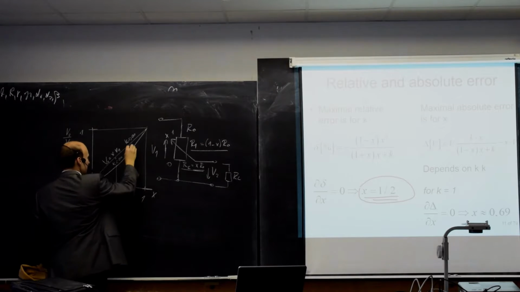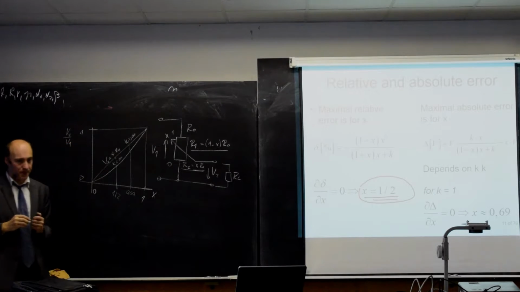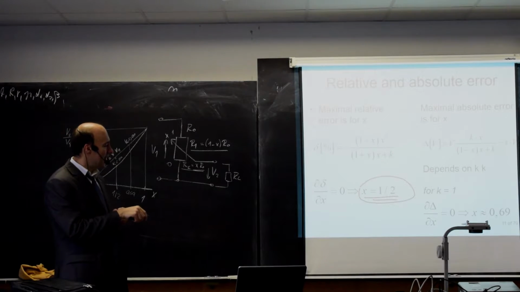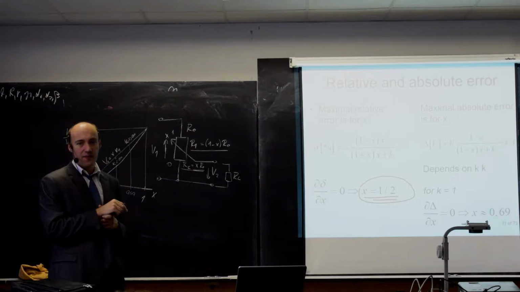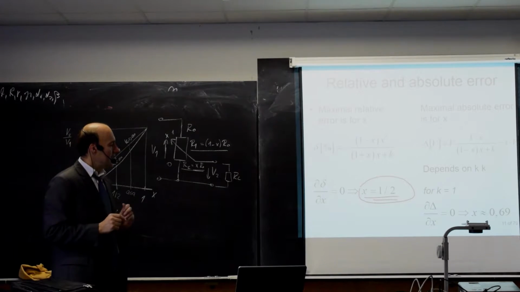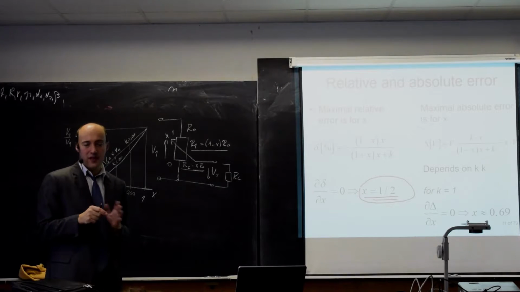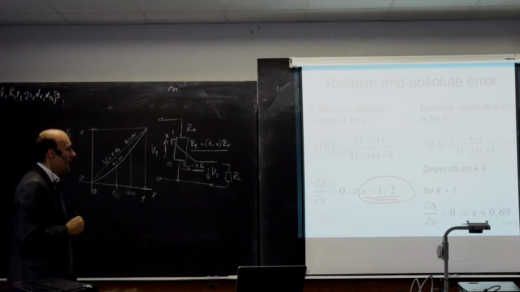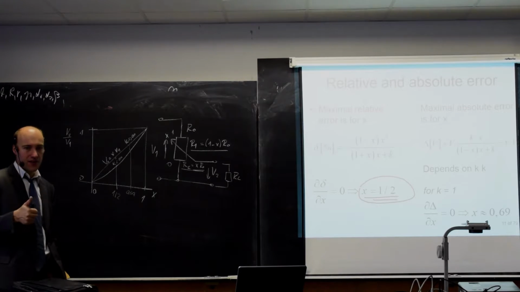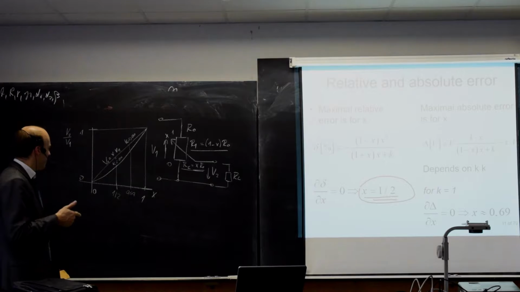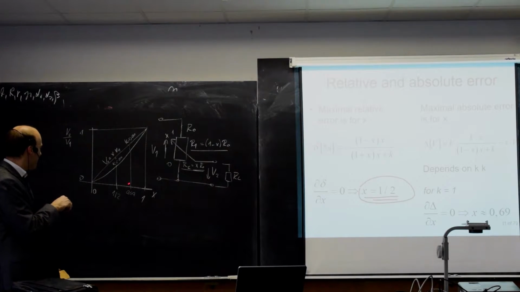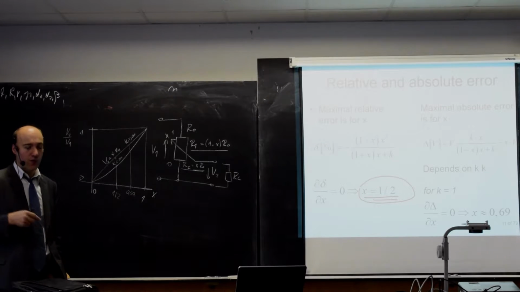So this is the maximum absolute error. But the position is changing slightly with the value of k. Only slightly. Let's say from 0.69 to 0.7, but it's changing a little bit. So the maximum relative error is fixed, and the absolute error is moving slightly, but it's always somewhere around here at 2/3 of the full scale.